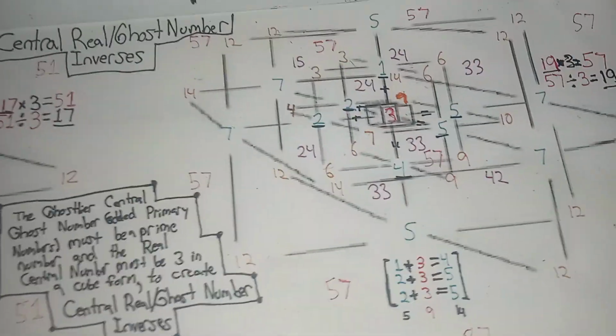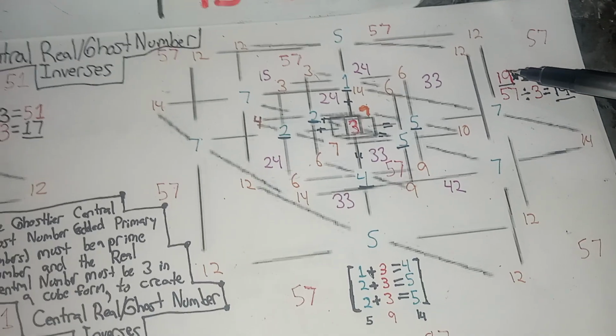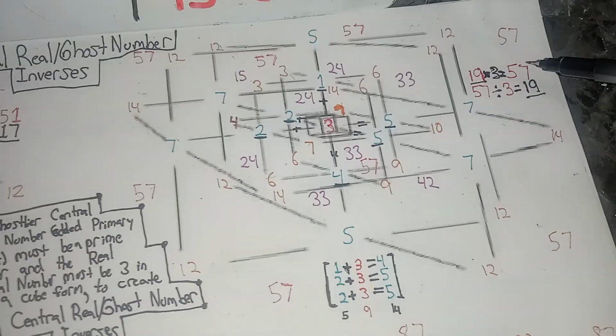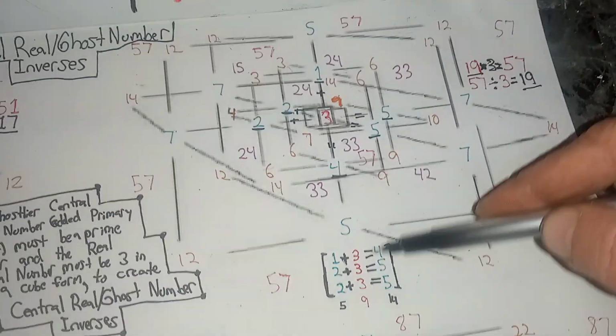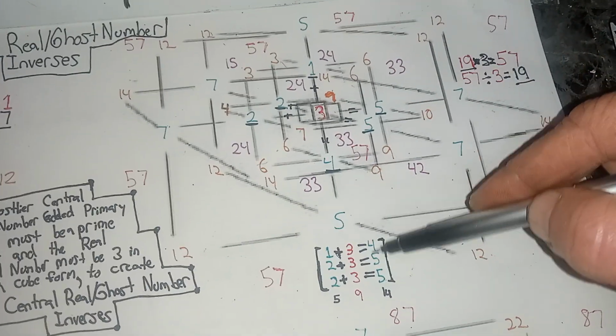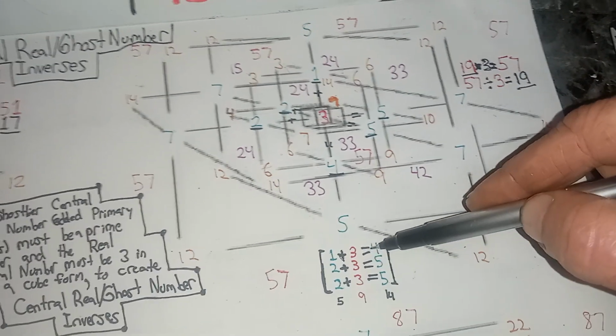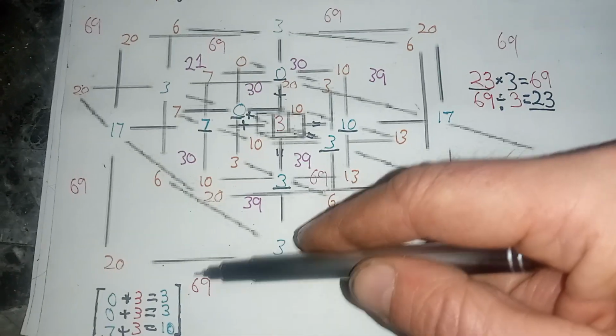This has the prime number 19 for these same type of relationships. These are their primary number equations.